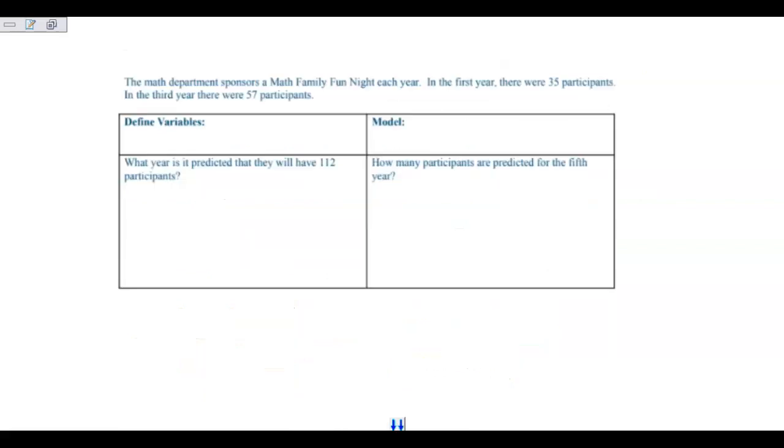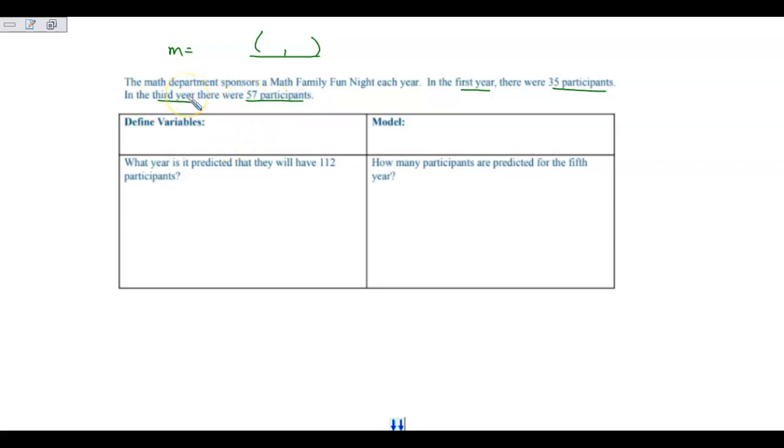The math department sponsors a math family fun night each year. In the first year, there were 35 participants. In the third year, there were 57 participants. And this is all it's giving us. And they want us to still use the point slope form. So I need to have a slope, and I need to have one ordered pair. Okay? When I look at this, it is telling me my first year information, and it's telling me my third year information.